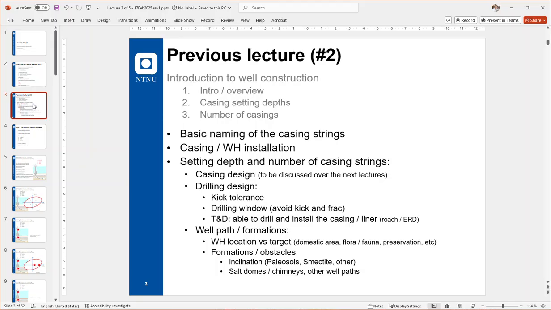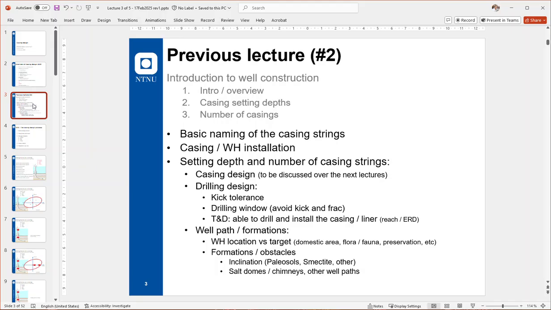Now, what we did not say maybe strongly enough: torque and drag. In order to have a feasible casing setting depth, you need to be able to run and install the casing or liner.